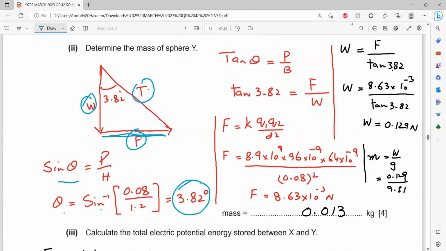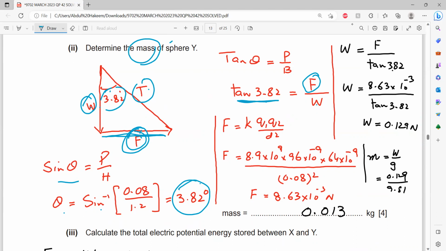Now, if this is the angle 3.82, then perpendicular over base is tan theta. So tan of 3.8, this perpendicular is the electric force and this is weight. Because mass is required, so definitely for the mass, we have to first calculate weight.